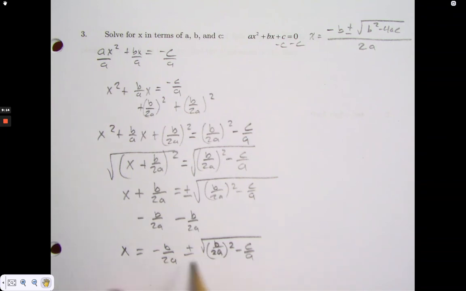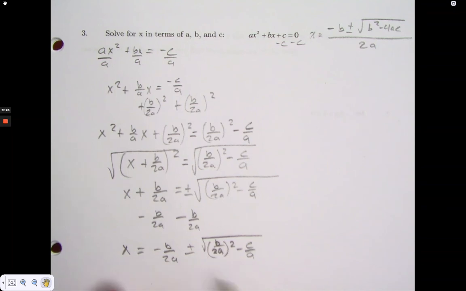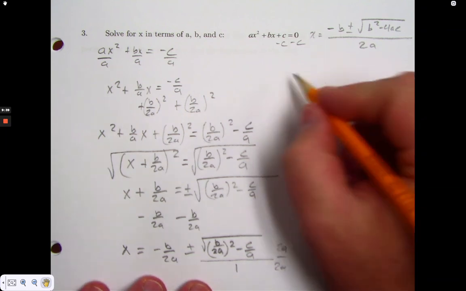So we solve for x, but this is a heck of a mess, isn't it? So how do we get rid of this heck of a mess? Well, the first thing we want to do is make it so they have the same denominator so they can be added together. Which means I have to multiply the second half of this, that's like that being over 1, by 2a over 2a, which allows them to have the same denominator.